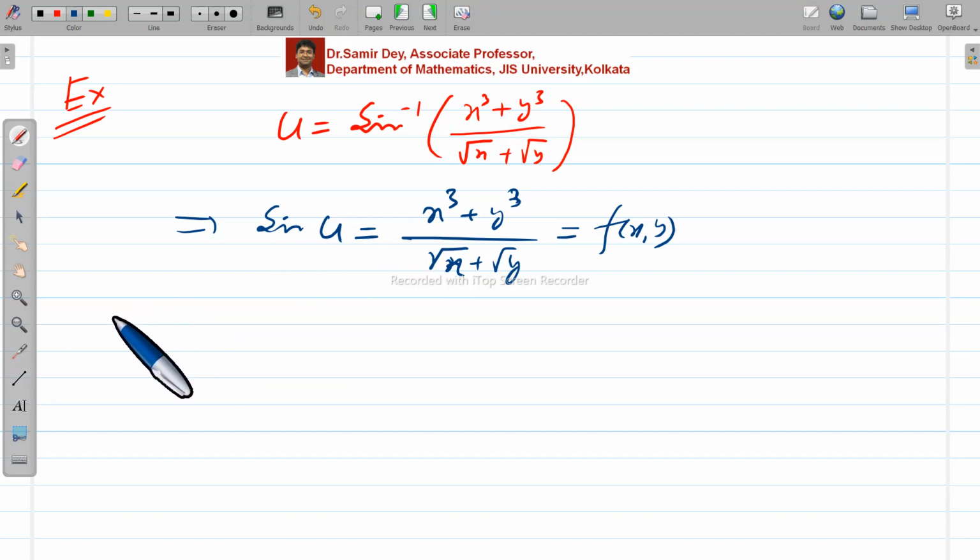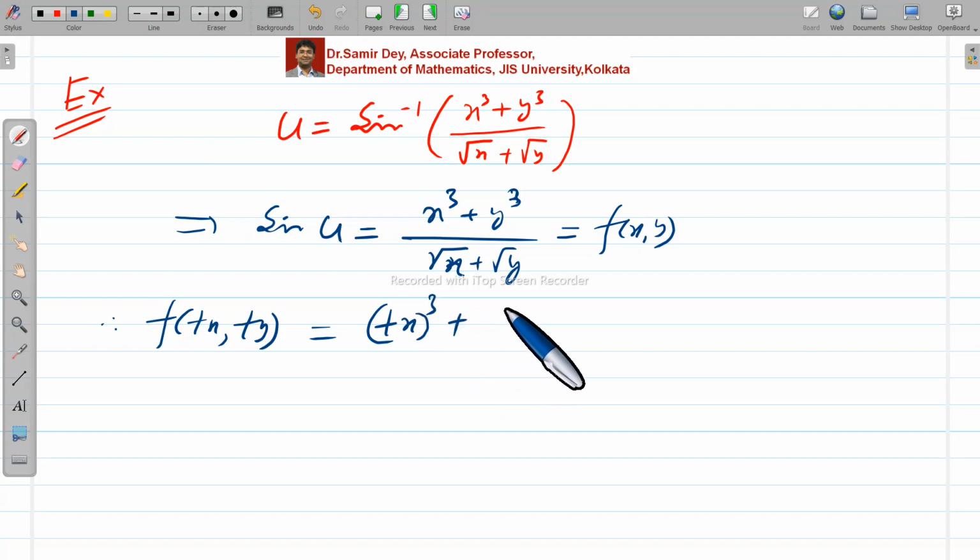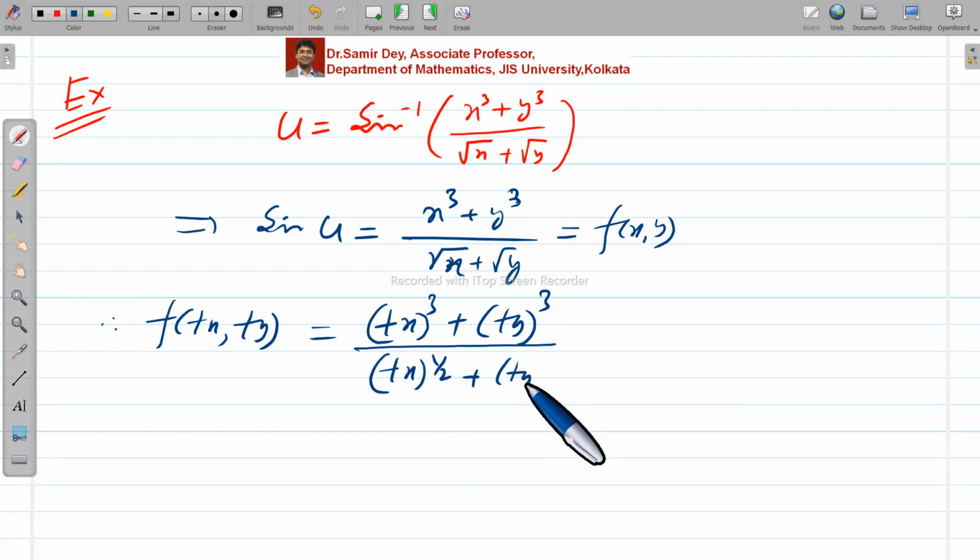Therefore f of tx, ty is equal to (tx) to the power 3 plus (ty) to the power 3, by (tx) to the power 1 by 2 plus (ty) to the power 1 by 2. Already you know that root x is nothing but x to the power 1 by 2.